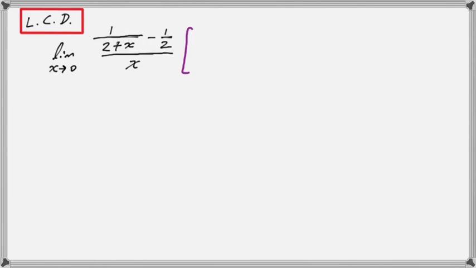Between two denominators, this and this, you can just multiply them to get a common denominator. So I'm going to use 2 times 2 plus x divided by itself so that I'm not changing the value of the function. When I multiply here, the 2 plus x's cancel, leaving me 1 times 2, which is 2.